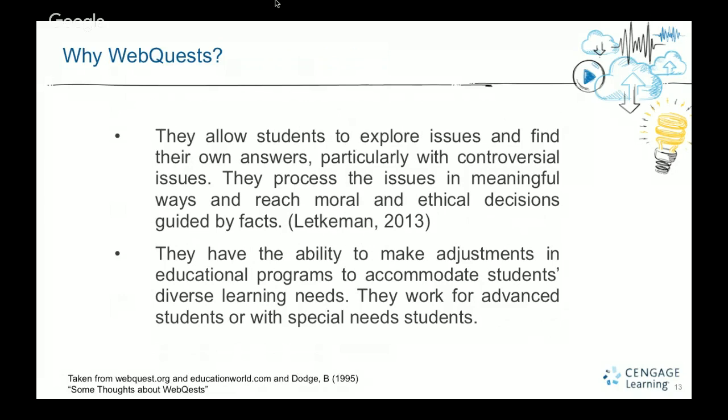They also allow students to explore issues and find their own answers, especially with controversial issues. And in the example we're going to see later on, you're going to talk about a very important issue, bullying in school. That is a current and controversial issue in schools, especially with the latest things that happened about diversity in schools.